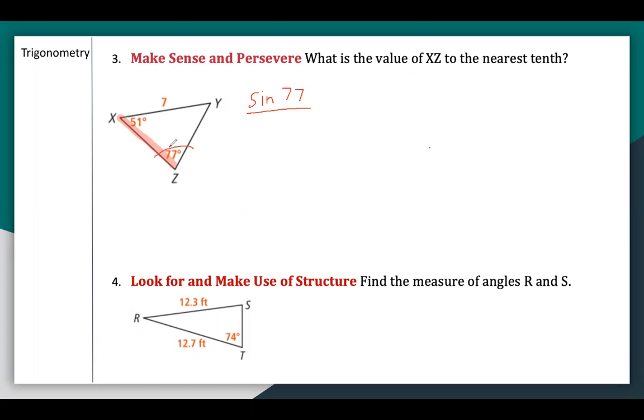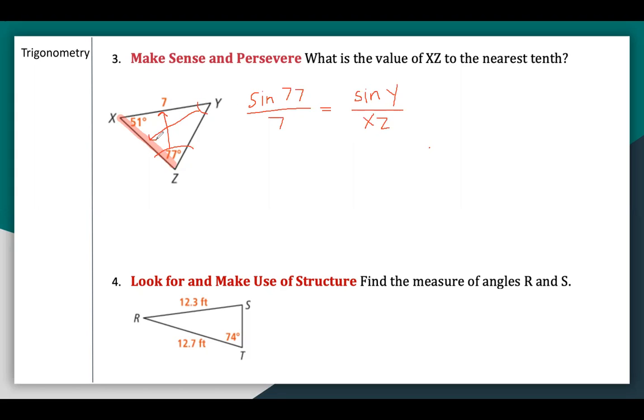The opposite side to 77 is 7. That should be equal to the sine of y divided by XZ. Again, y and its opposite side, XZ, which is what we're trying to find.